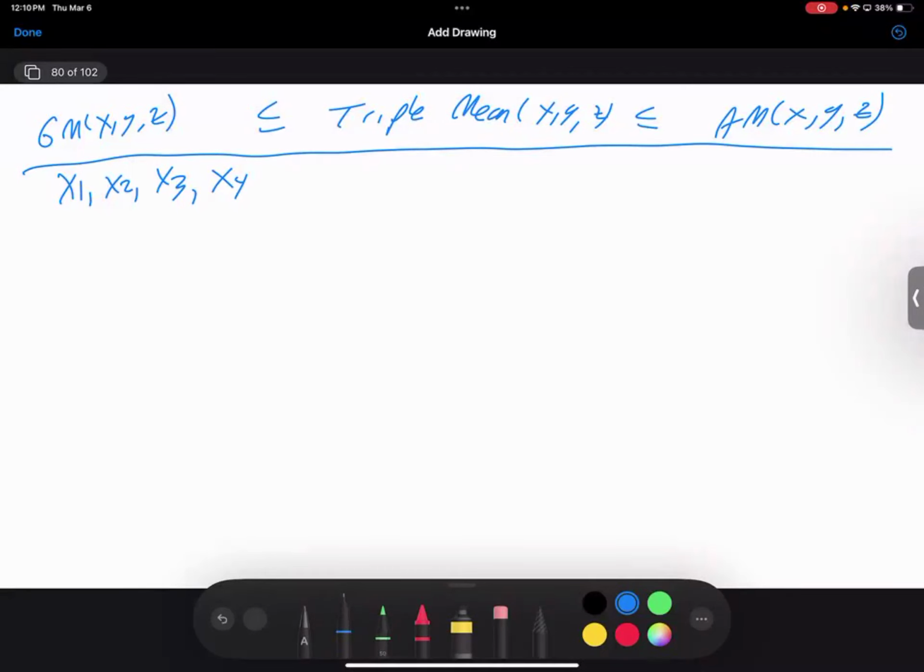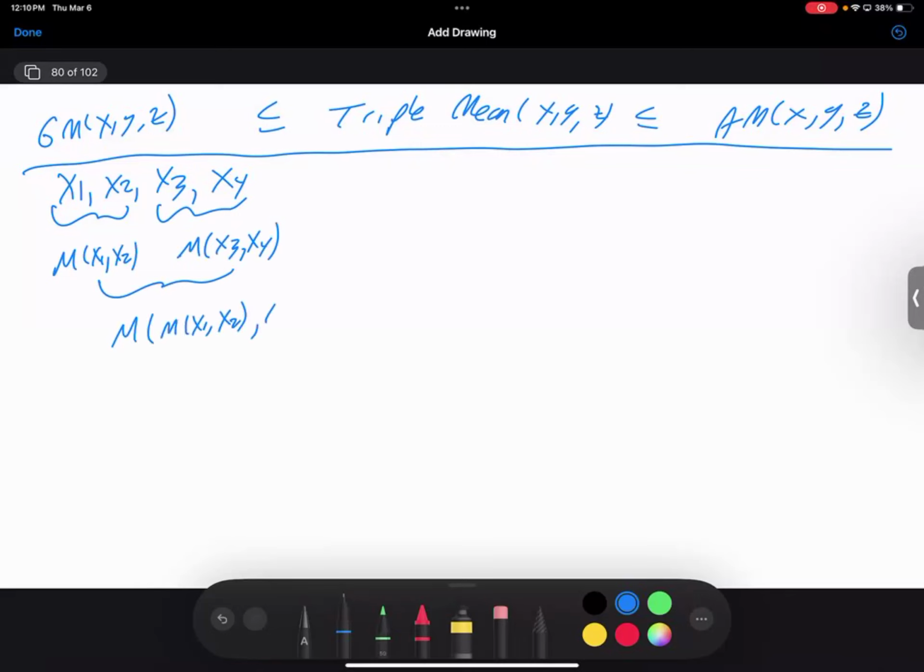I have four numbers. I could calculate the mean of the first two. I could calculate the mean of the second two. And so that will give you, I'll call it mean x1, x2, mean x3, x4. What can I do now? I can take the mean of the means.